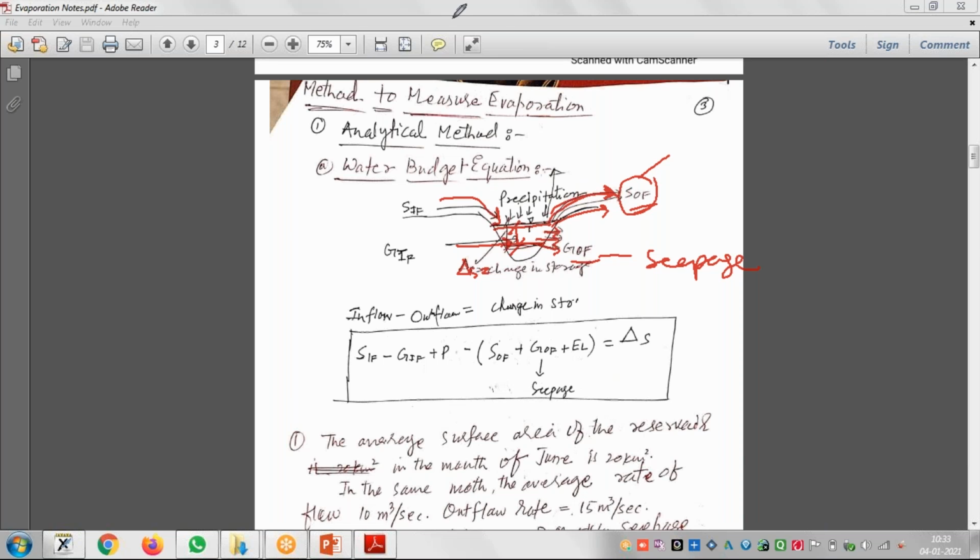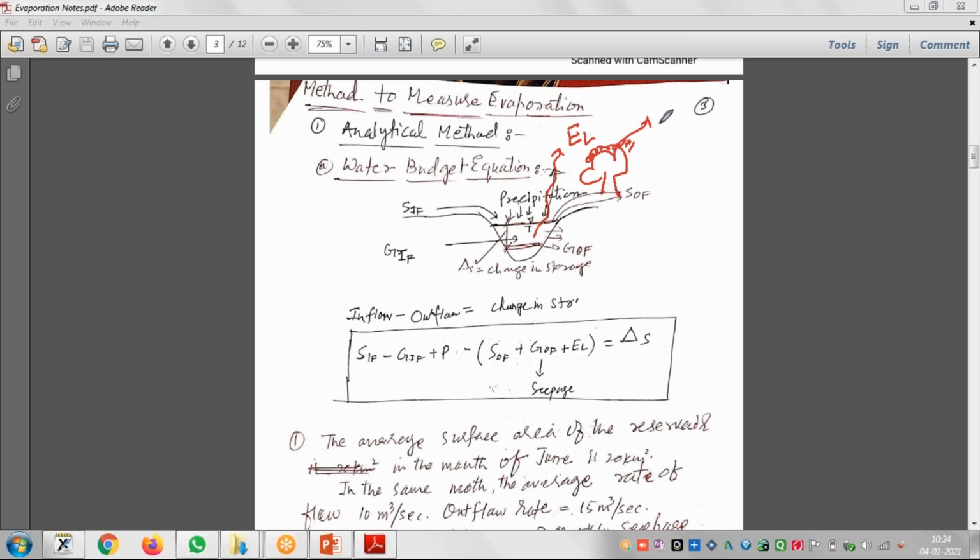And see, some quantity of water is incoming, some quantity of water is going out. So ultimately we have to find one equation, and within that equation there will be the evaporation loss also, because some amount of water is going out into the atmosphere. And some amount of water is also on the trees, and that will also go into the atmosphere.